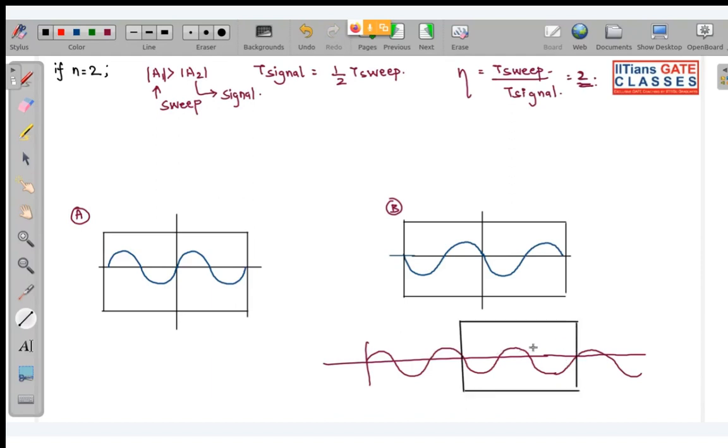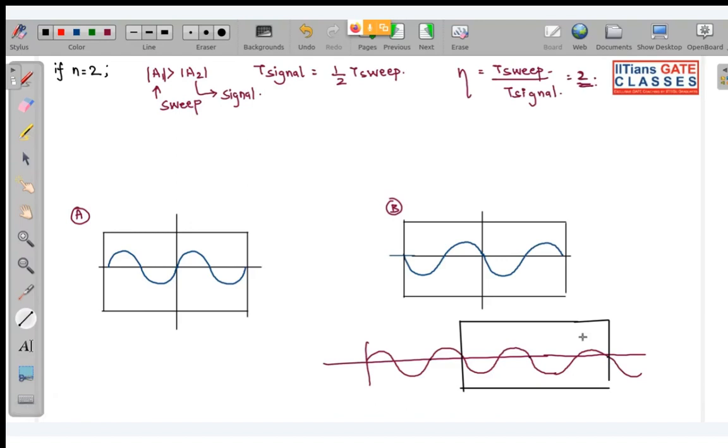Okay, so I don't know the CRO screen from where it is capturing, either from here to here or from here to here. Which one is it capturing? I don't know. Okay, tell me, is it clear or not what I am trying to say?